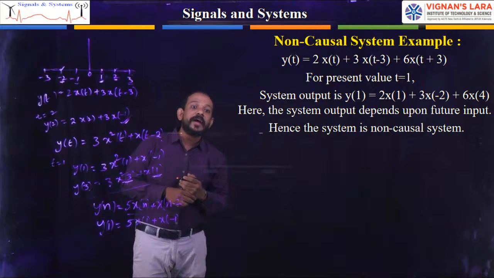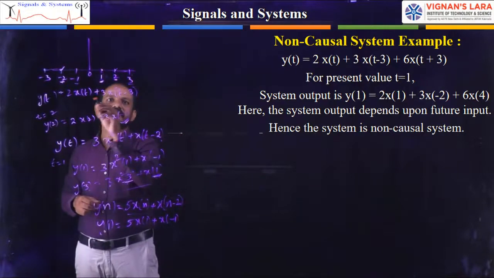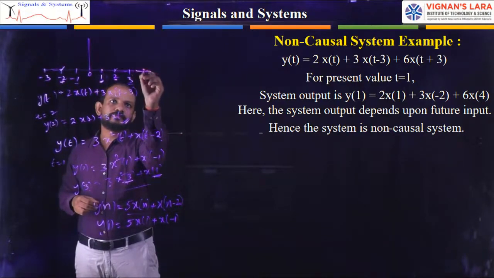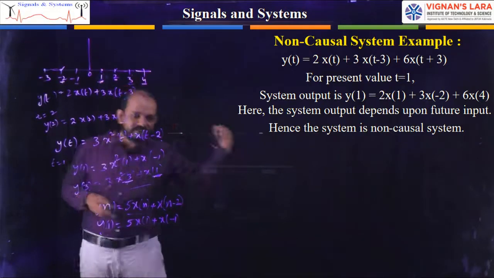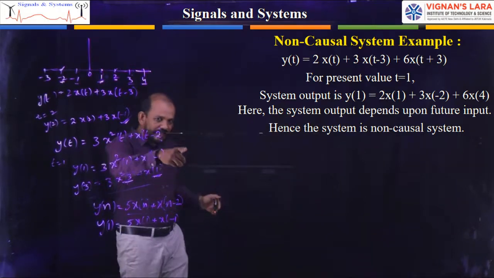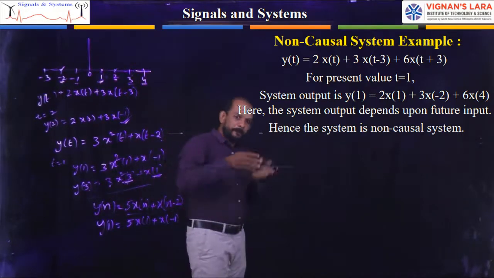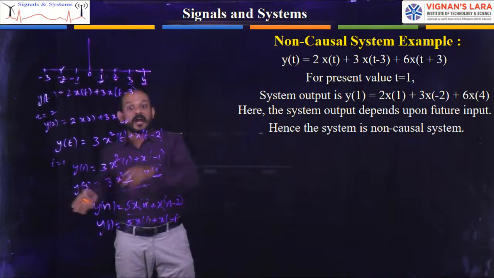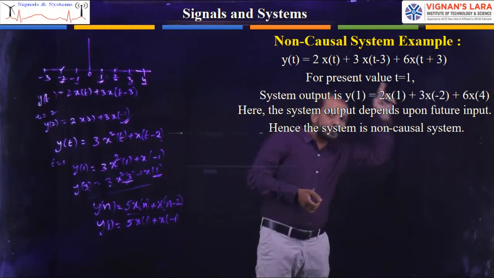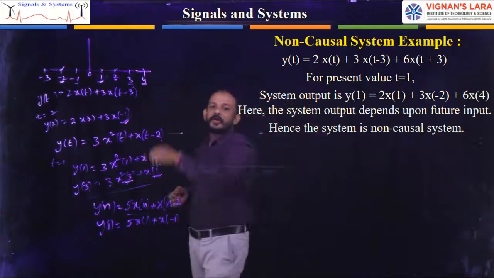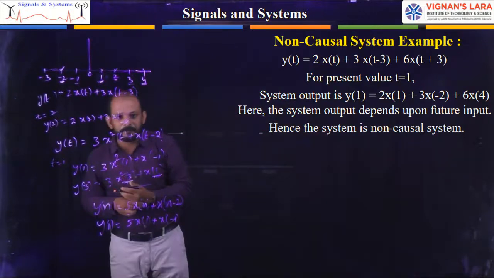So here we have the 4. Present is 1, x of 1, and x of 4 is a future. That means that equation output depends on present, past and future also. As the output is dependent on the future value, it is a non-causal system.